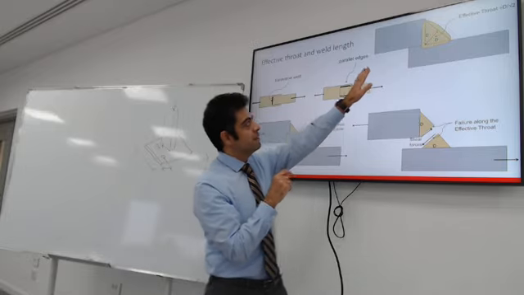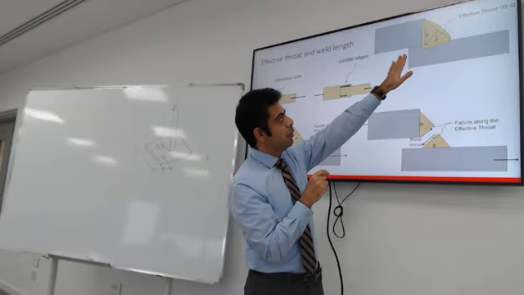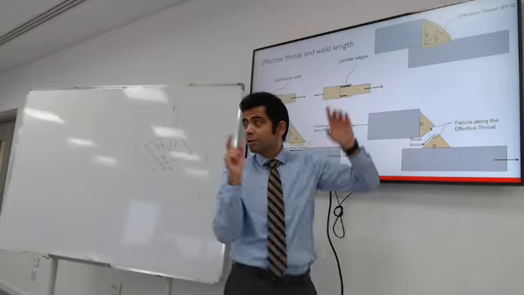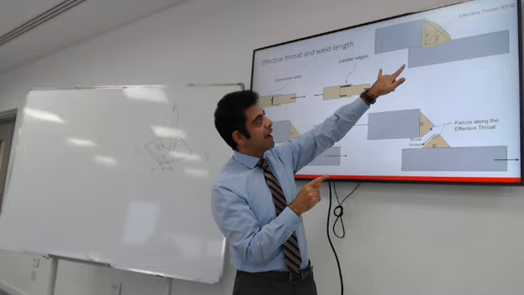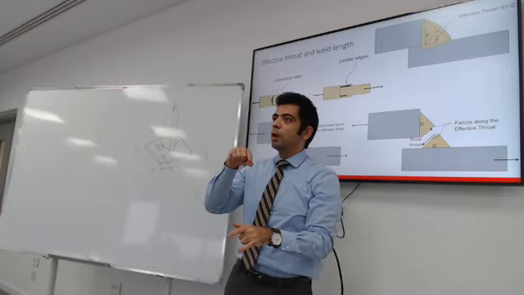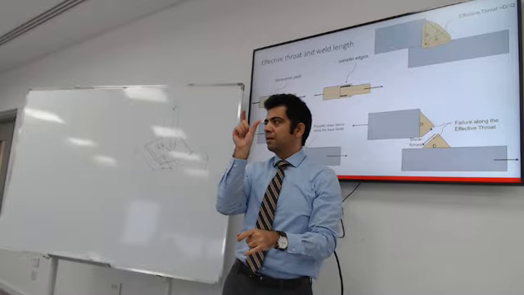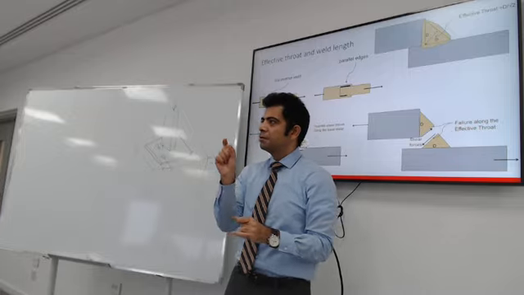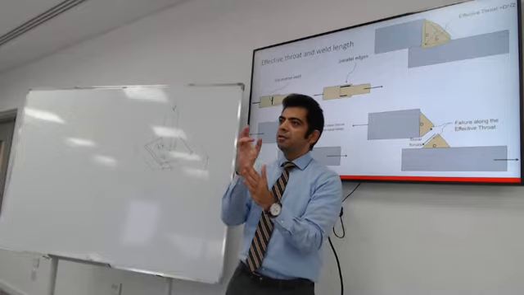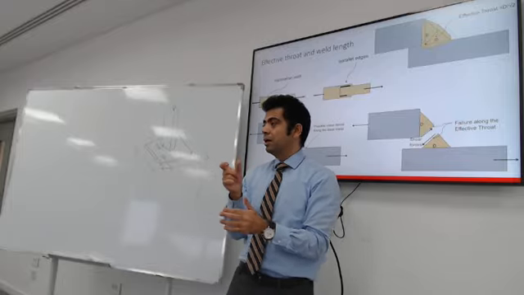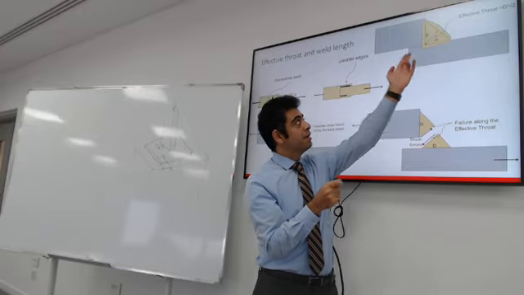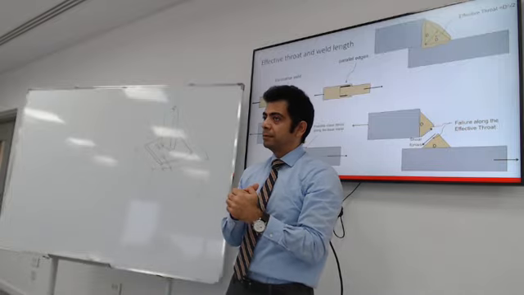Where is the weakest section in that weld? It's the shortest distance. You will see that the shortest distance is the side divided by square root 2. So when you design a weld, you need to design the size for the throat, not the actual sides of the welds.